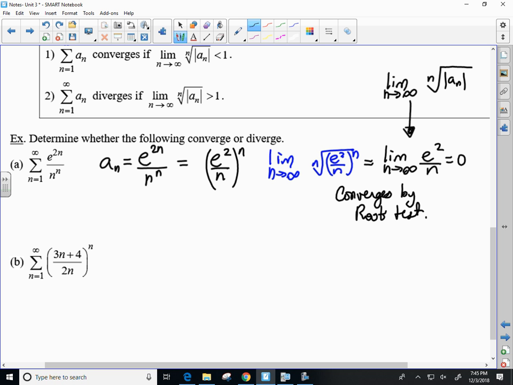The idea is that taking the nth root should make the power of n go away. If it doesn't, then you have no business using the root test. Whatever fraction you have has to be under an nth root, which means each part has to be raised to the nth power. That cancellation needs to happen, otherwise the root test is not appropriate.